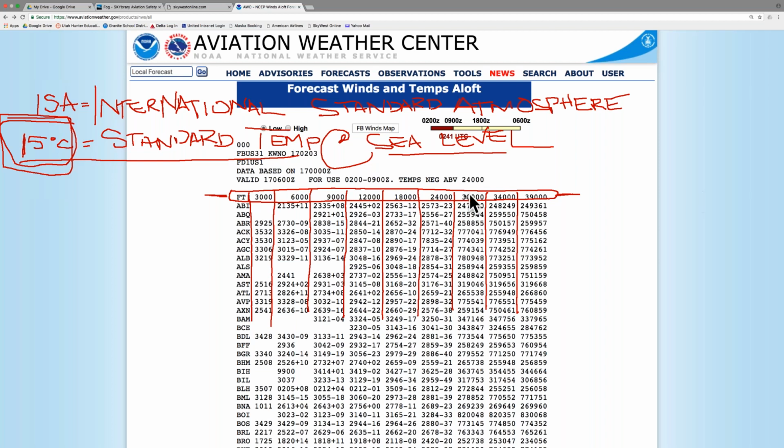But anyways, here we go. If we go across here, this is giving us our winds and temperatures aloft at each one of these altitudes. Why do you think this first one doesn't have any information in it?